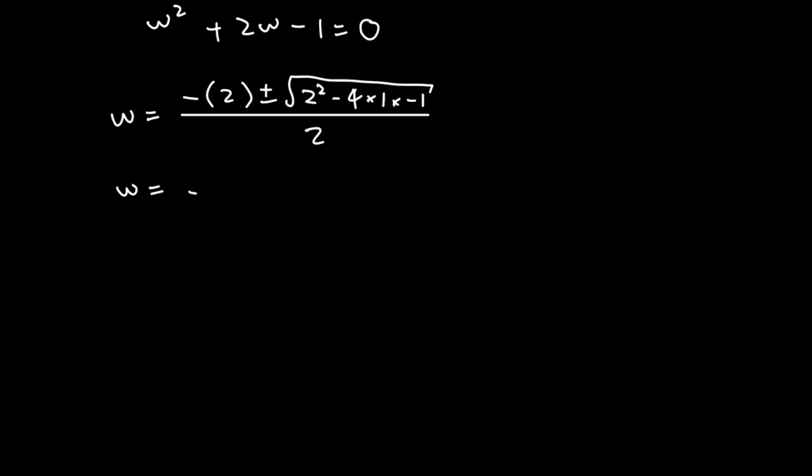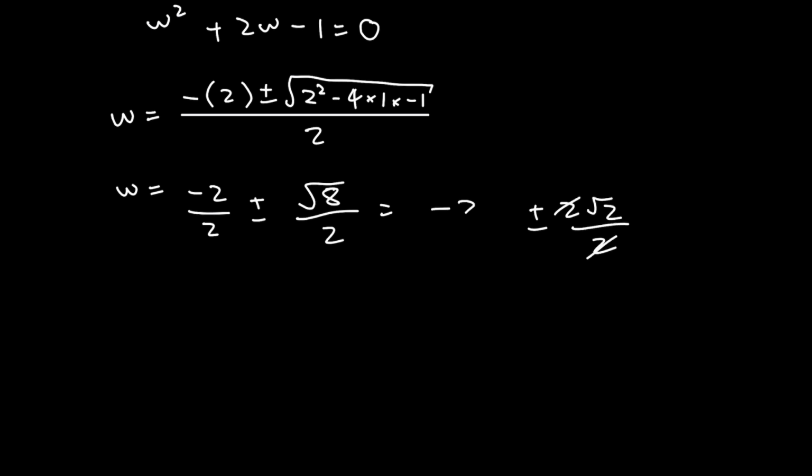So w equals negative 2 over 2 plus or minus the square root of 4 minus 4 times minus 1, which becomes 4 plus 4, which is 8. So the root of 8 over 2. And we know that the root of 8 is just 2 root 2. So we rewrite this, and those 2's cancel. And here we have minus 2 over 2, and those 2's cancel. So now w is equal to minus 1 plus or minus the square root of 2.